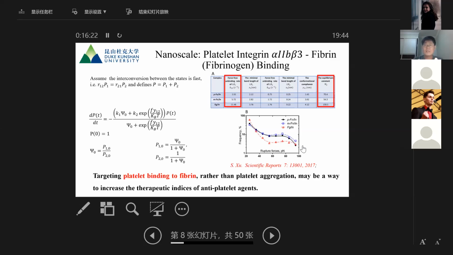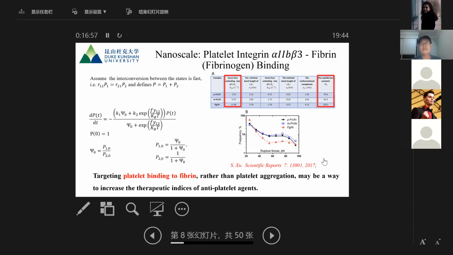The experiment shows that, you can see this is the alpha 2b beta 3 fiber or fibrin complex. This red part is the alpha 2b beta 3 fibrinogen complex. You can see that under the rupture force, from 20 to 100 pN, the survival of the fibrin complex is much higher, which means the fibrin complex is stronger or easier to survive.